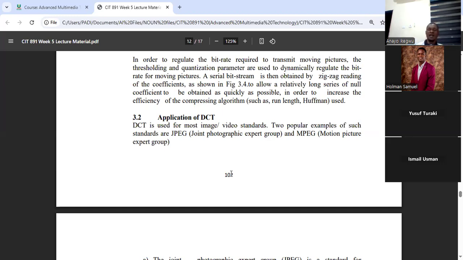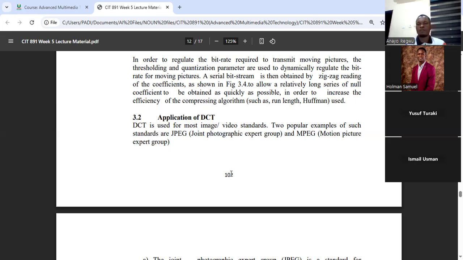These are standards that have been agreed, or have become rules, guiding the operations of an image.